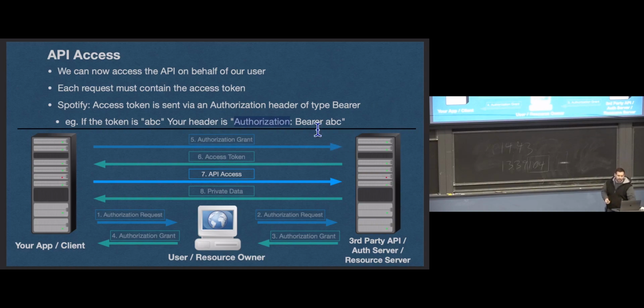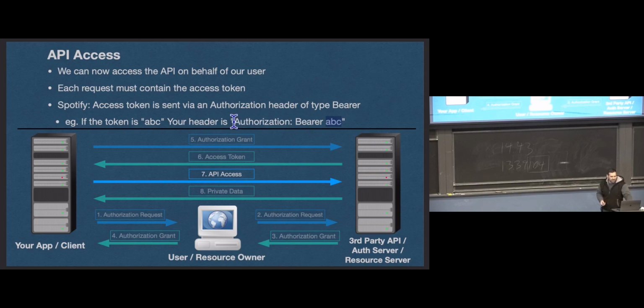Bearer meaning that we are a bearer of this token. We possess this token, so therefore we are authenticated because we have possession of the token. And then the user's access token is the value of the bearer authorization header.